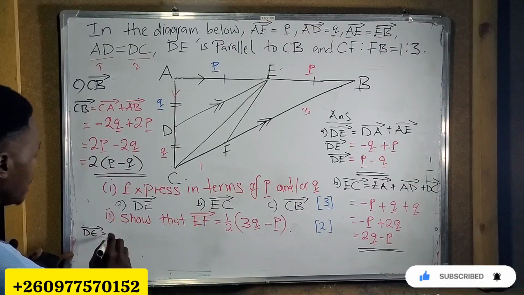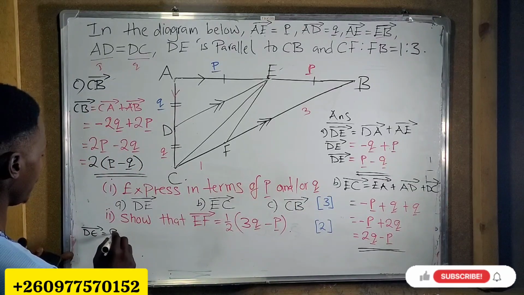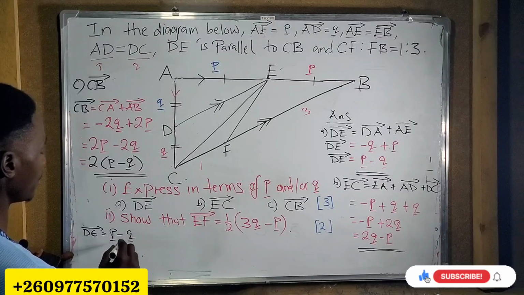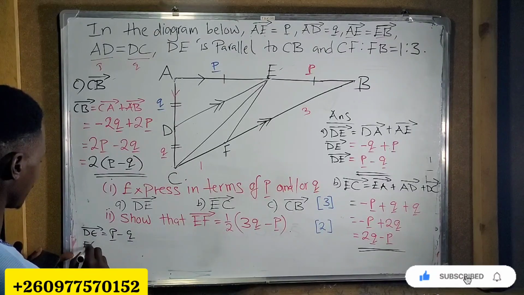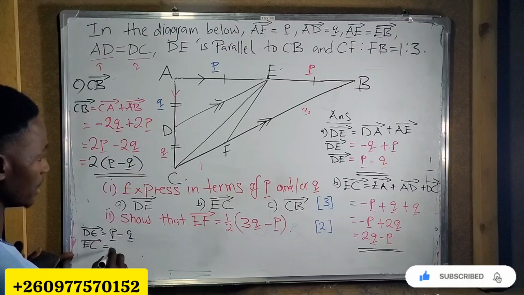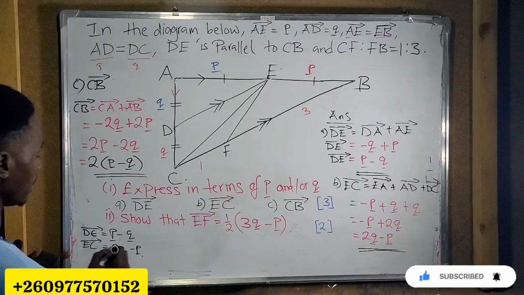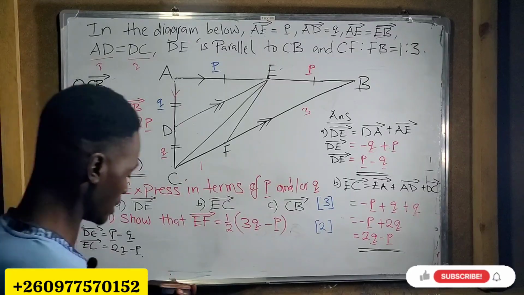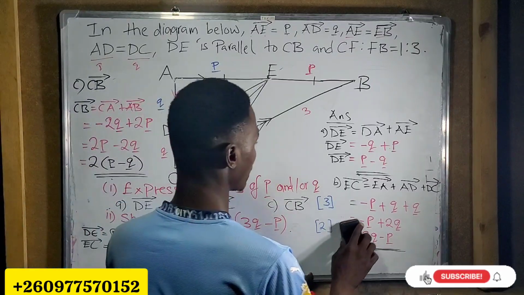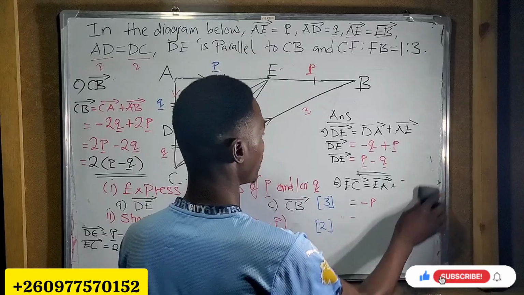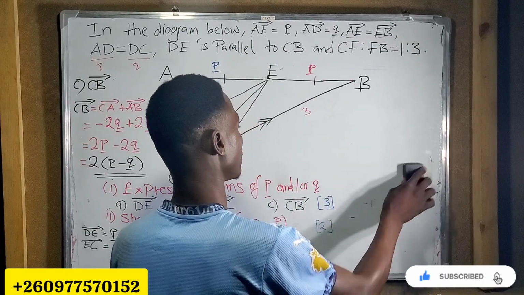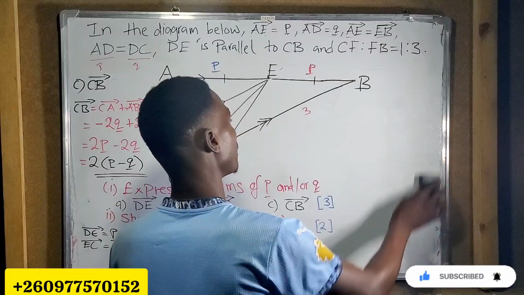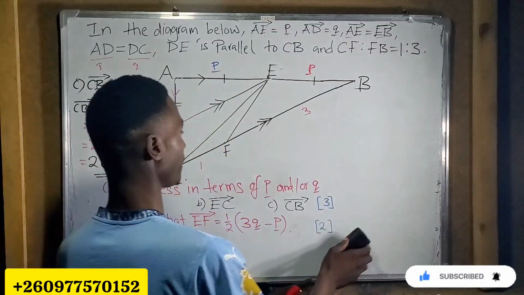The answer for DE is P minus Q. Then the answer for EC is 2 vector Q minus P. Okay, I'm going to erase this space.